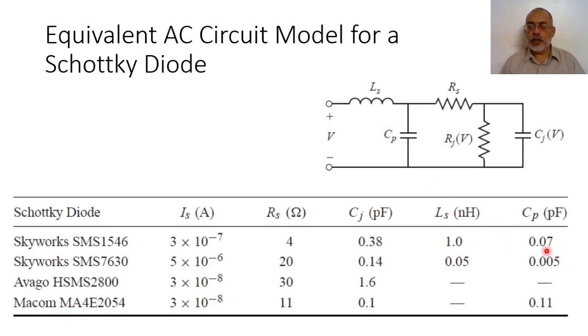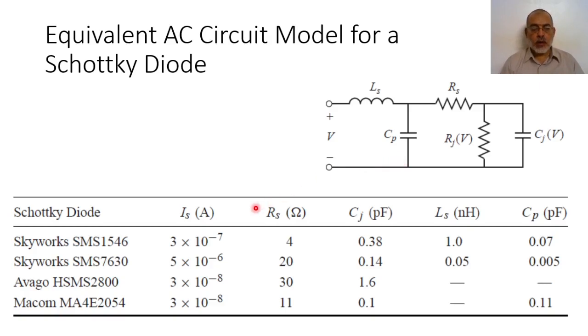It is quite clear that the parasitic capacitance is much less than the junction capacitance, such that the dominant capacitance in this case is due to the junction, not due to the parasitic. If the dominant is the parasitic, we will not have the effect of the diode at all. Alright?